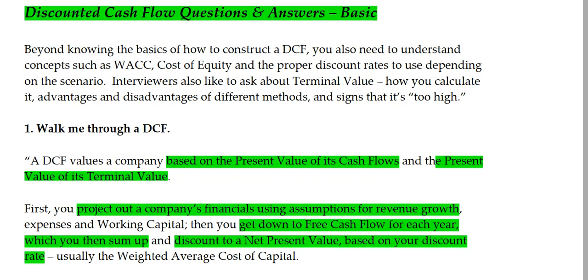When you get down to the free cash flow for the year, that is revenue minus expenses and working capital, like average receivables, average payables, etc. You then sum up each year's free cash flow and discount it to NPV, based on the discount rate, usually the weighted average cost of capital.